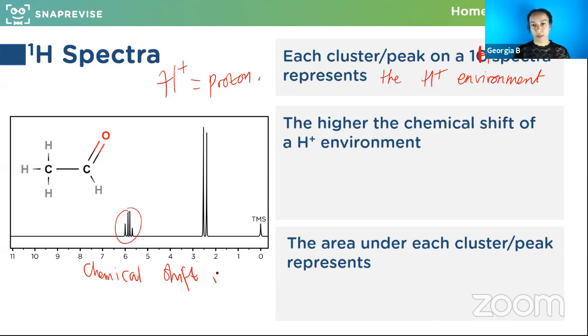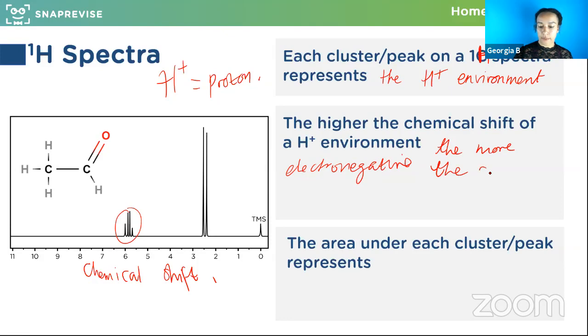Yeah, it's bonded to something more electronegative. So the higher the chemical shift of the proton environment, the more electronegative the adjacent atoms are. Exactly, you guys remembered perfectly. It's bonded to more electronegative atoms.